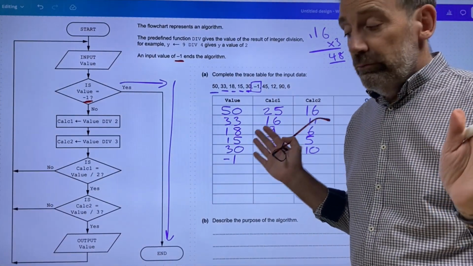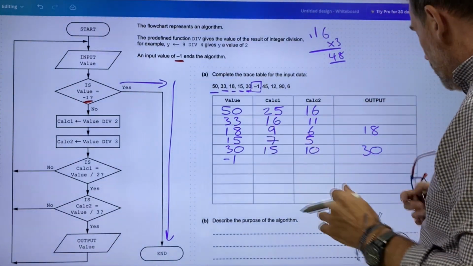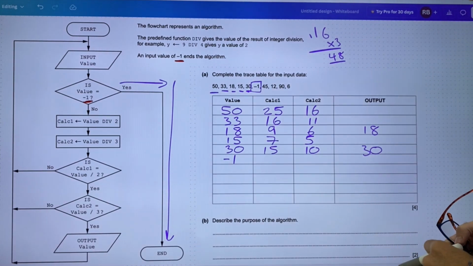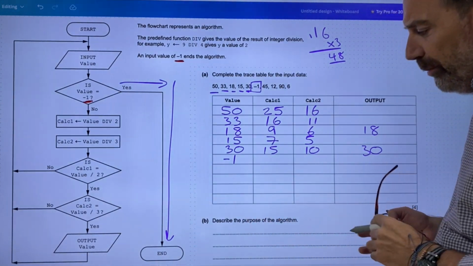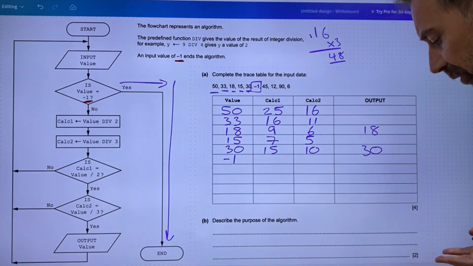Okay, class. And then for 2 marks, describe the purpose of the algorithm. What's it doing?